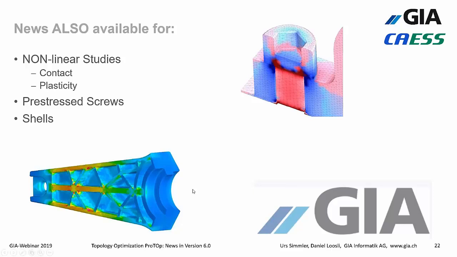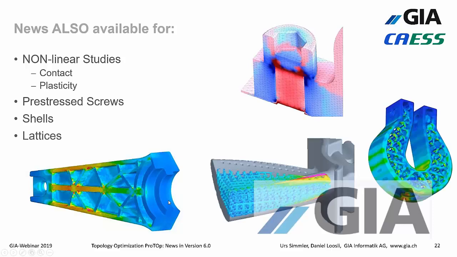We did not see the shell capabilities, and I showed you a little bit of the lattice capabilities of ProTop. I think it's really a great tool for engineers to bring topology optimization into your development process, and it's not rocket science to perform this analysis.